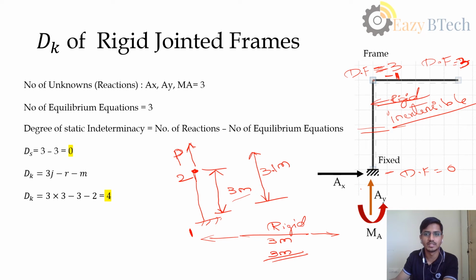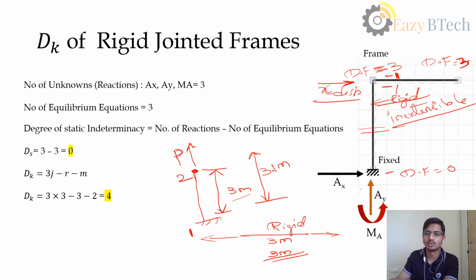This condition will act as fixed. So minus 1. Now when we apply a load here, something like that, since we don't have any support condition here, this will move, causing a deflection here. So an x direction displacement will be there.